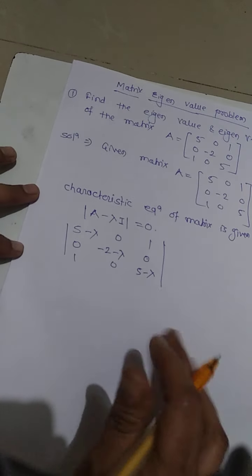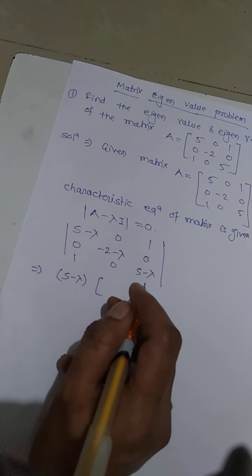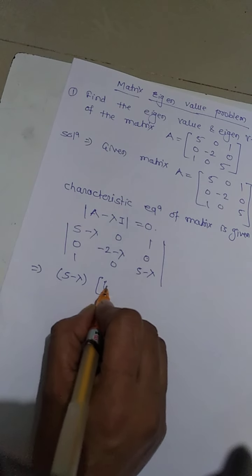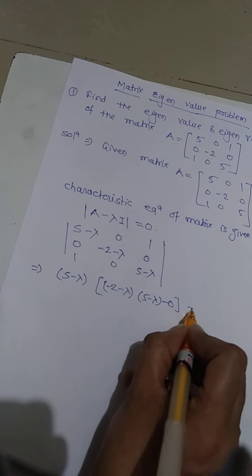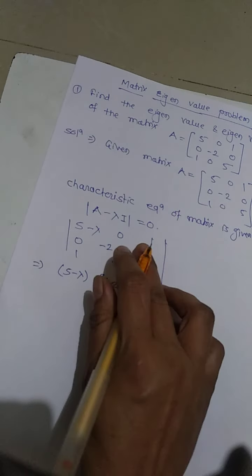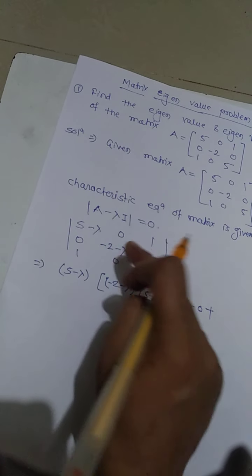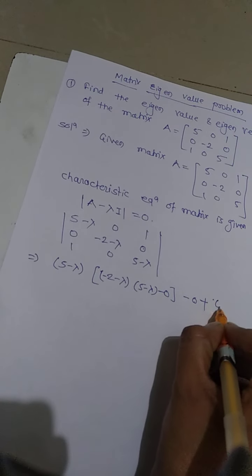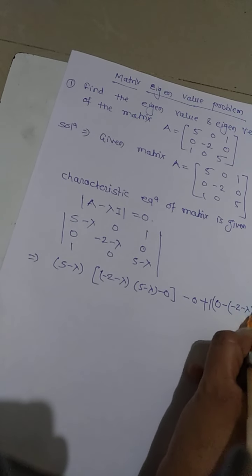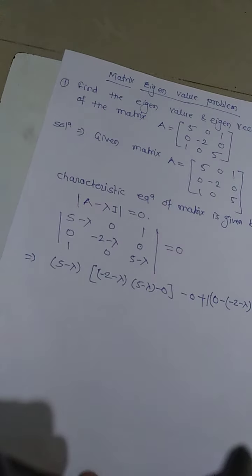Then we get 5 minus lambda into (-2 minus lambda)(5 minus lambda) minus 0, plus 1 into (0 minus of (-2 minus lambda)) is equal to 0, because mod of this is equal to 0.